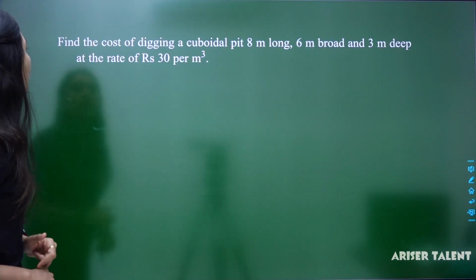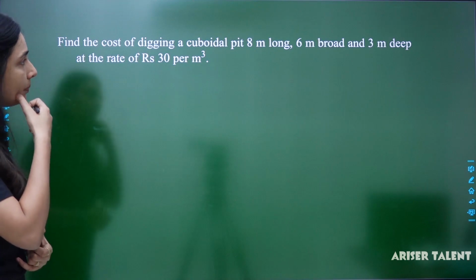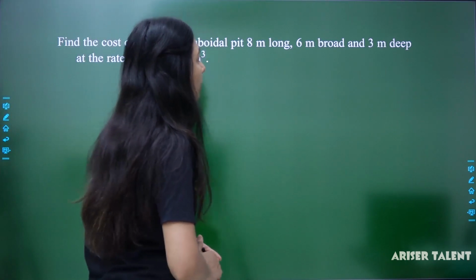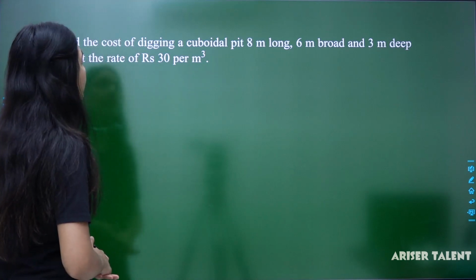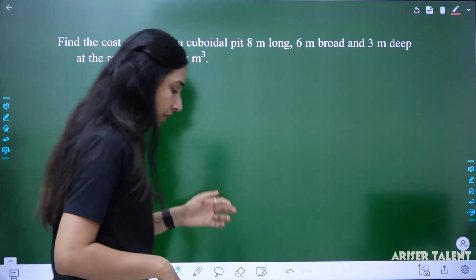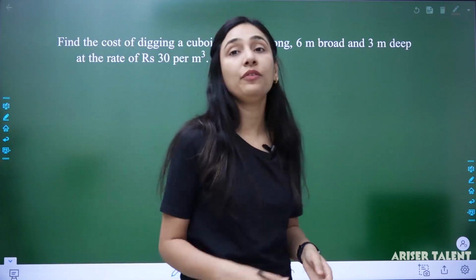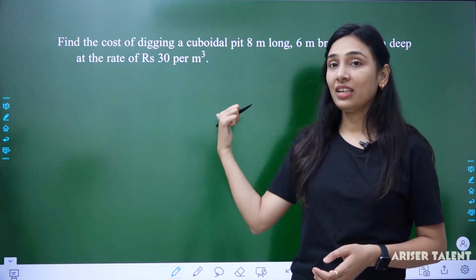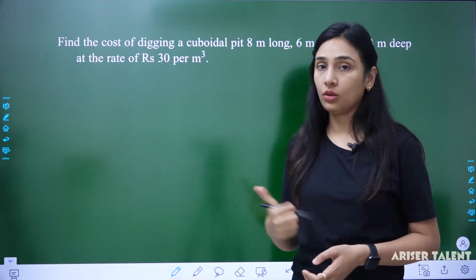Now the next one. Find the cost of digging a cuboidal pit 8 meter long, 6 meter broad and 3 meter deep at the rate of 30 rupees per meter cube. Remember, we have done some questions of cuboid. The very first question we talked about was the calculation of the cost of something.